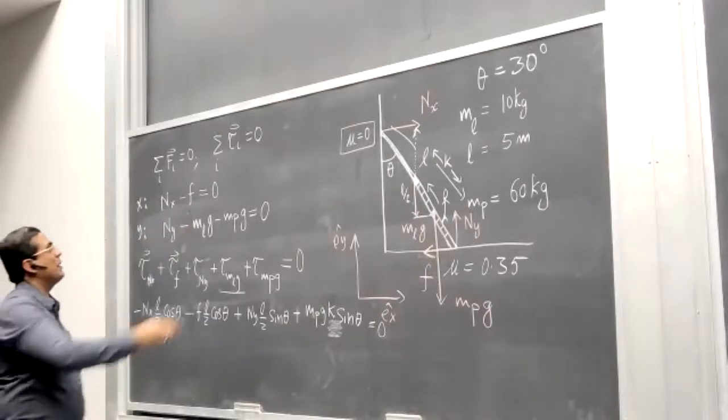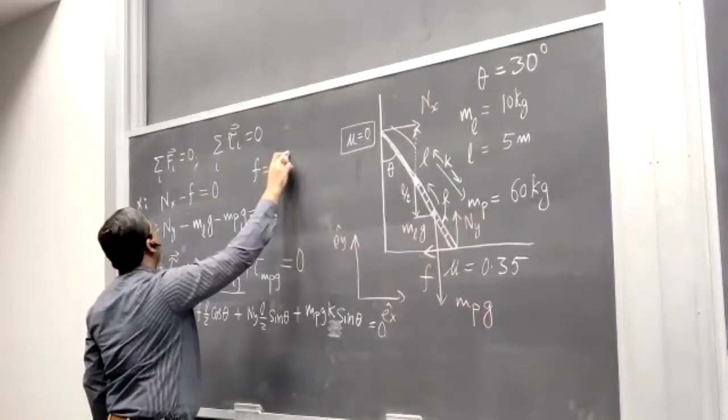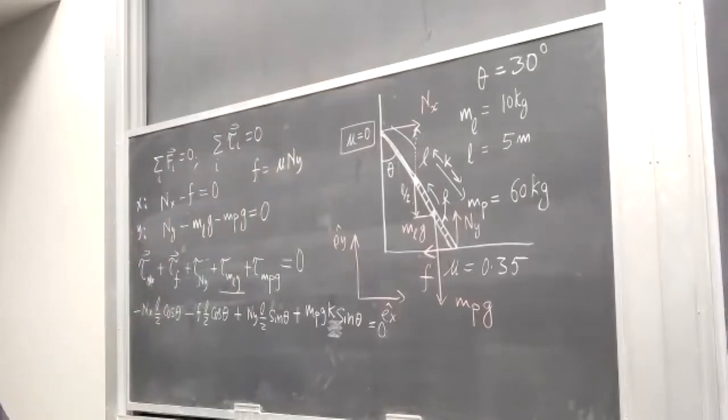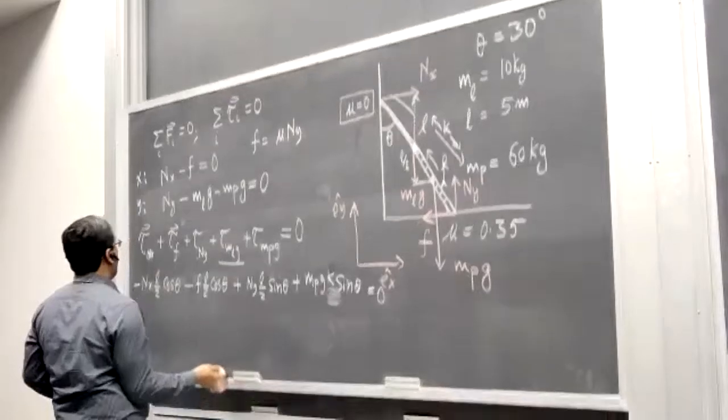Because F is simply mu Ny. So how much will F come to from here? Sir, 245 is coming. 245. So you find F.